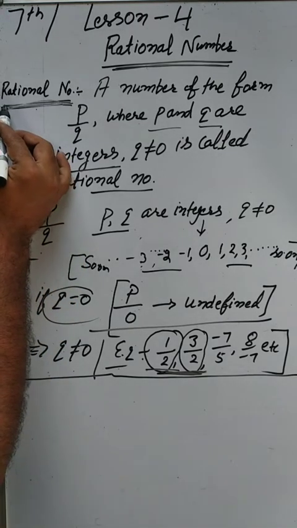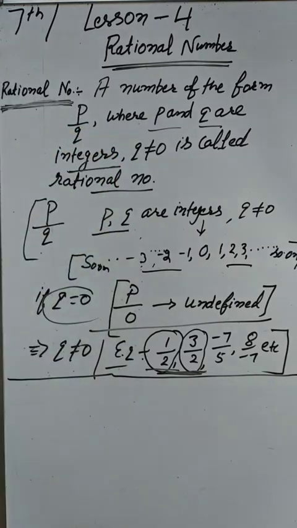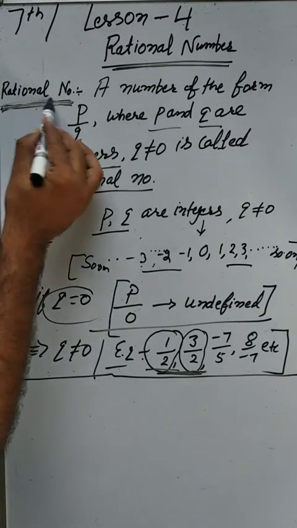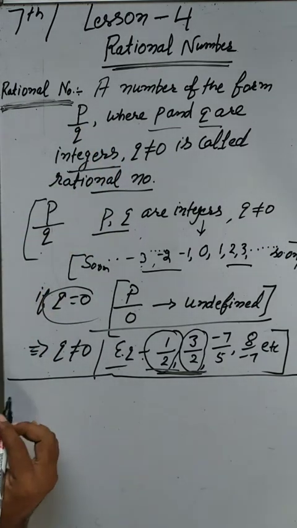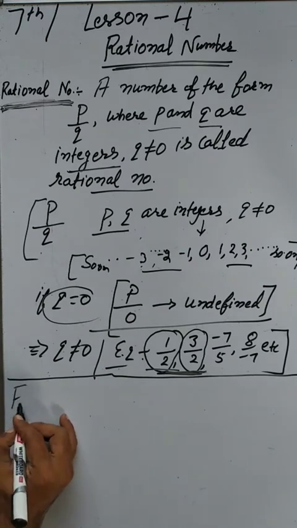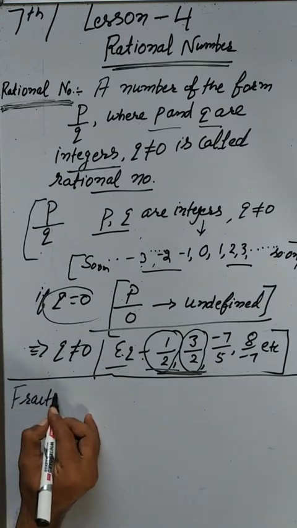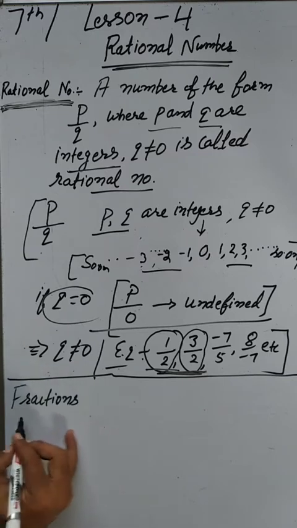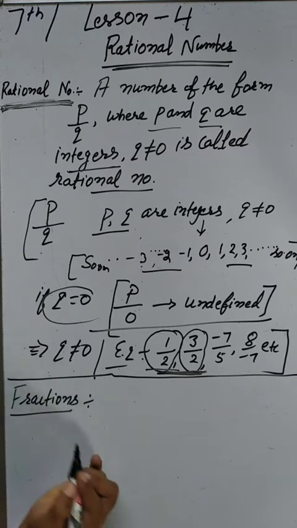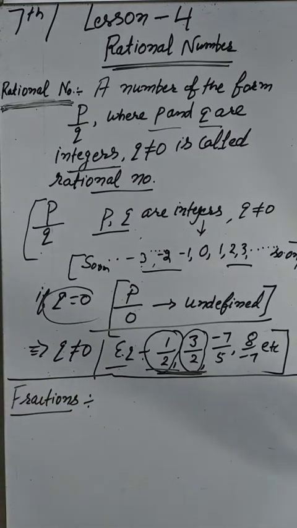First of all, beta, according to the definition, I am explaining. Rational number definition I have explained. Now, beta, fractions. What are fractions? We can say a fraction is a part of a whole.